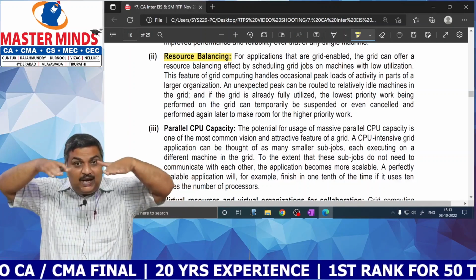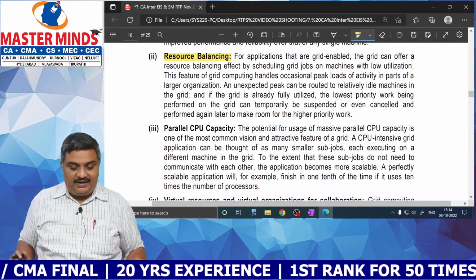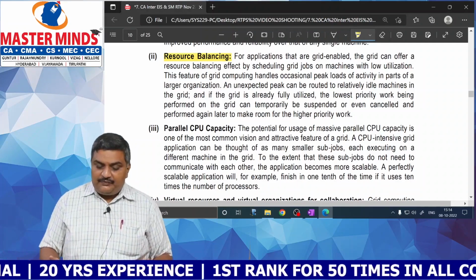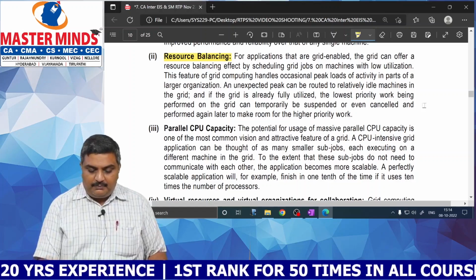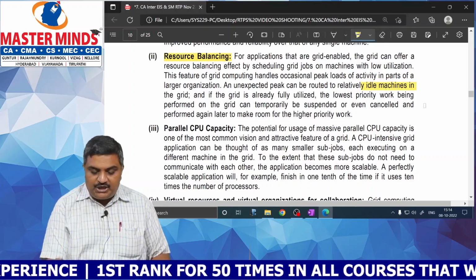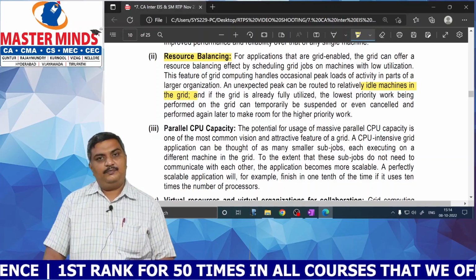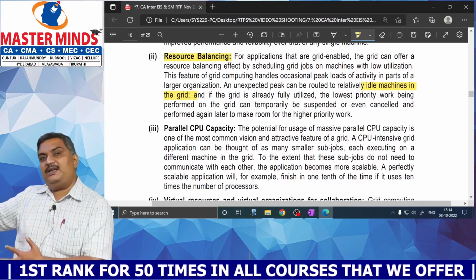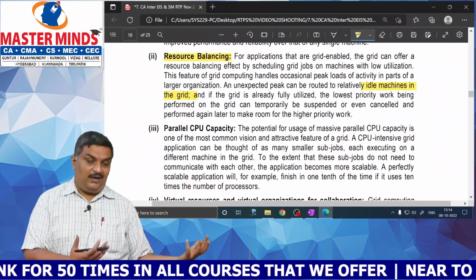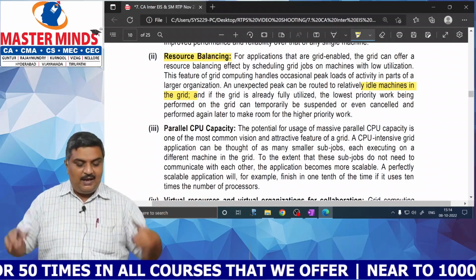With that, resource balancing is happening. Okay. So, say for example, an unexpected peak can be routed to relatively idle machines in the grid. So, whenever some machines are experiencing peak loads, you can just transfer the work to the machines that are idle. So resource balancing happens.